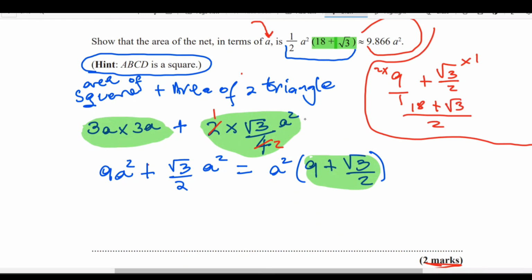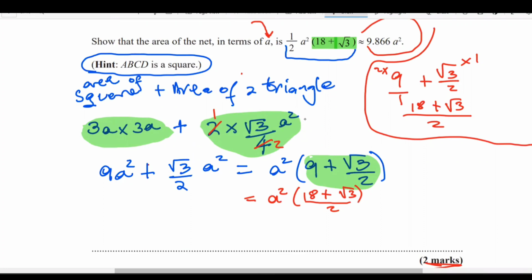Let me rewrite this then. We have A squared, and this is what I have in the bracket now: 18 plus the root of 3, but all of it is over 2. Now, you can see you're almost there. Over 2 means a half. So I could take that 2 outside and go all the way out front.